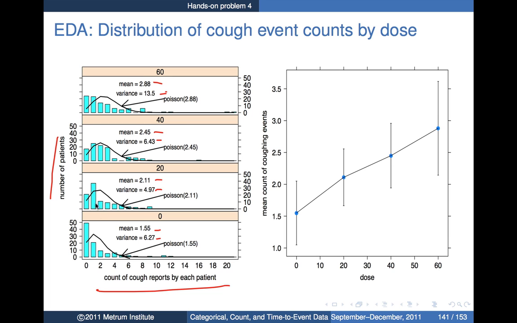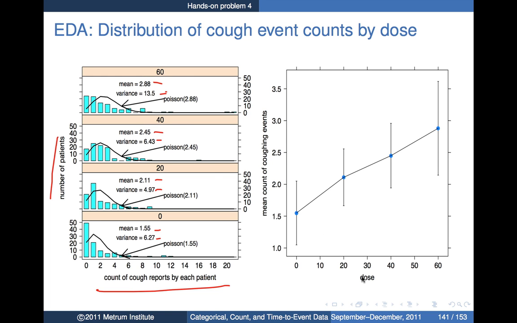Again, I've overlaid a Poisson distribution that has a mean equal to the sample mean. Again, you can see the peak is shifted to the right compared to the data. So we've got some indication of overdispersion just looking at the sample statistics here.